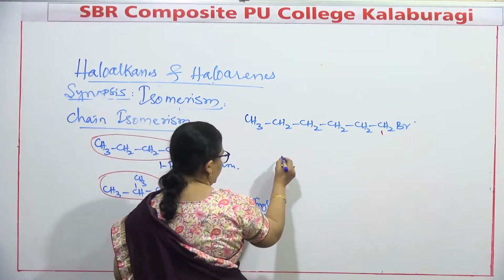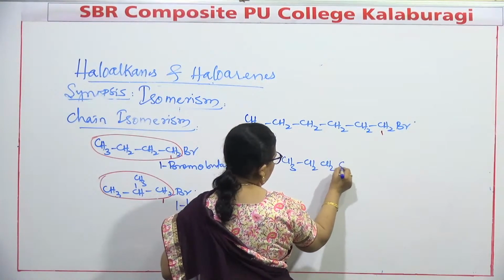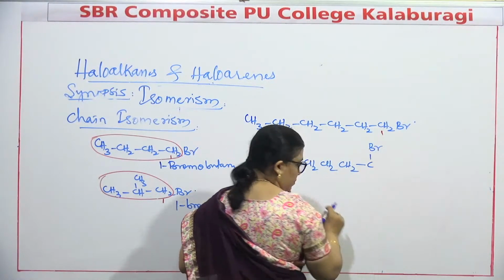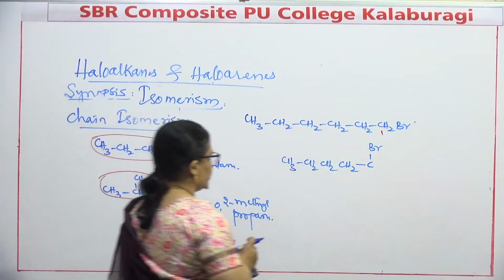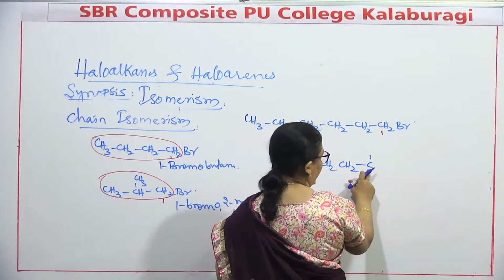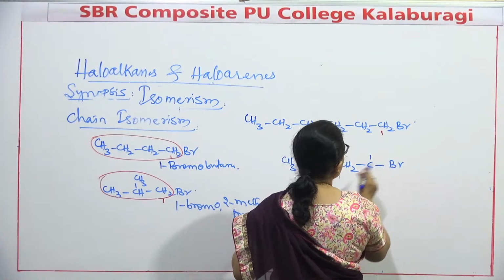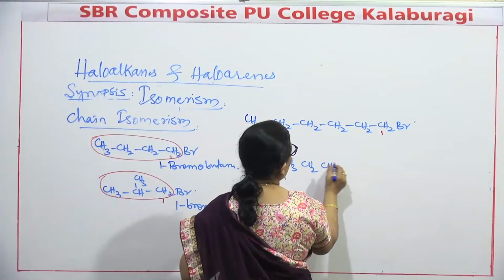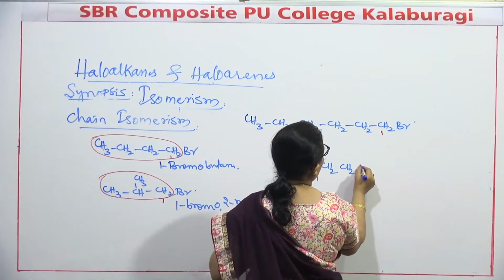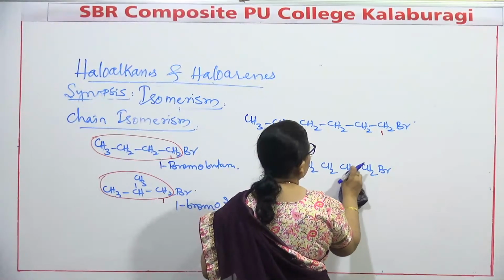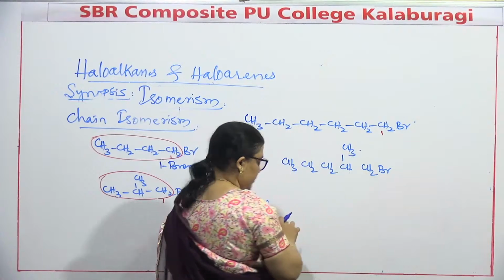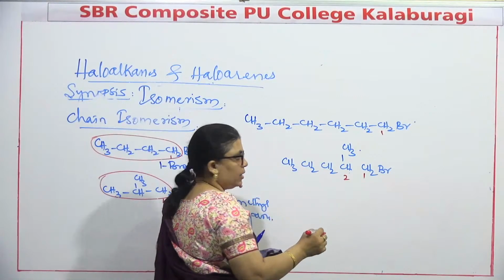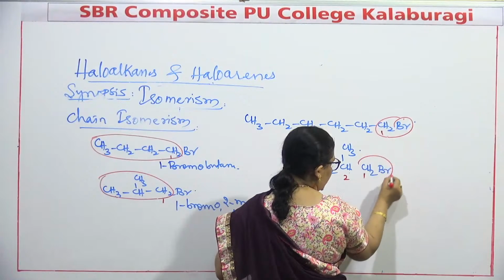I can write one more isomer: take a 5 carbon atom chain, CH3, CH2, CH2, 1, 2, 3, 4, 5, Br, but at this carbon atom we are having a methyl. The first carbon atom only has Br.